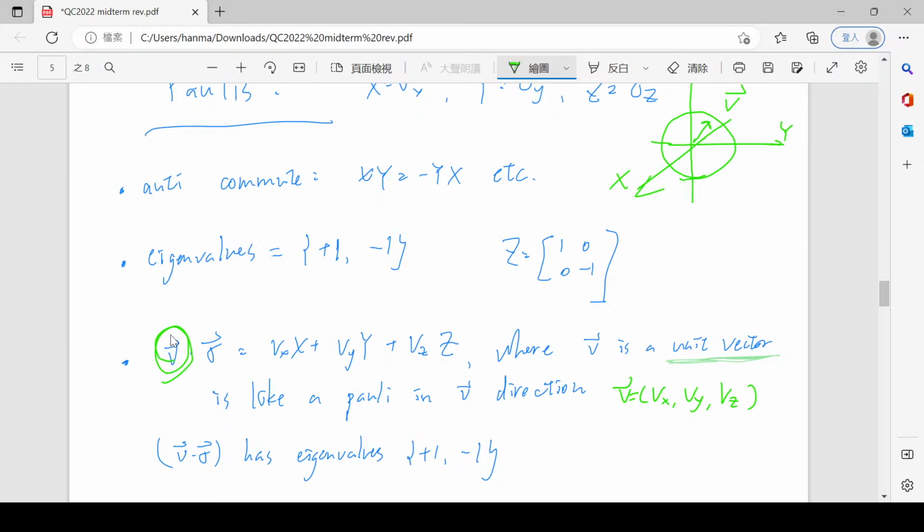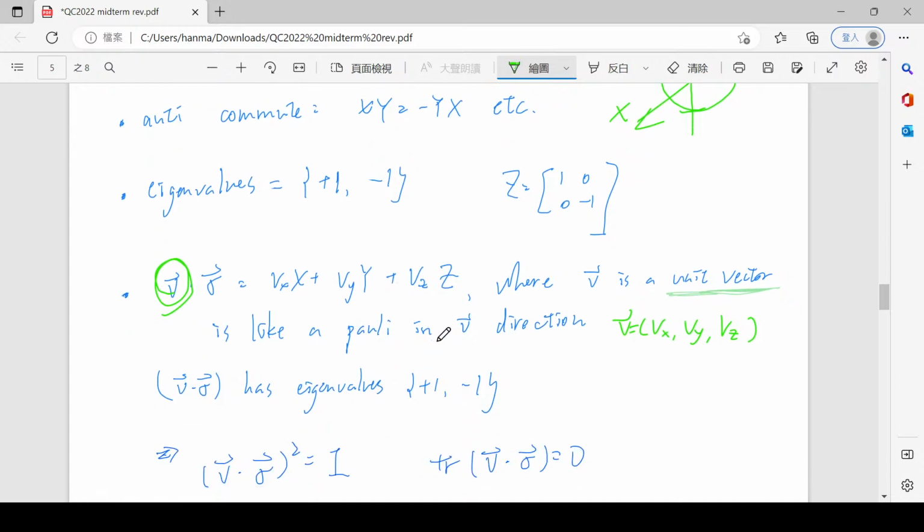And what we mean by v inner product with the sigma vector is just vx times sigma x plus vy times sigma y plus vz times sigma z. So this is also some 2x2 matrix. It's a linear combination of the Paulis, and this will also be like a Pauli. So we think about this as corresponding to some direction on the Bloch sphere, this v direction on the Bloch sphere.